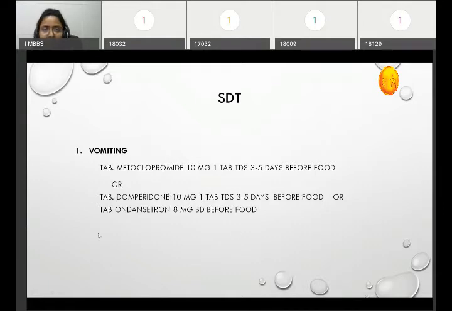All these drugs are given in oral tablet forms only, but when there is severe vomiting, you can give injectable forms also. This was regarding vomiting. Whenever vomiting comes as SDT, you have to write any one drug among these with its correct dose, duration and instructions.